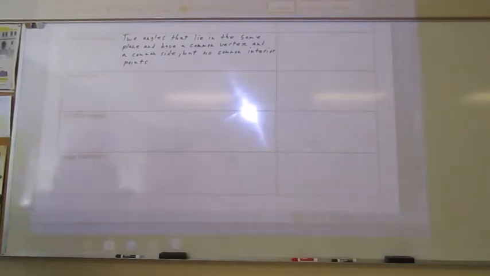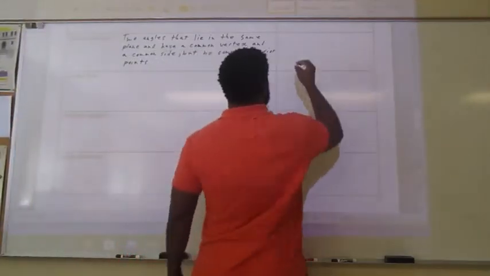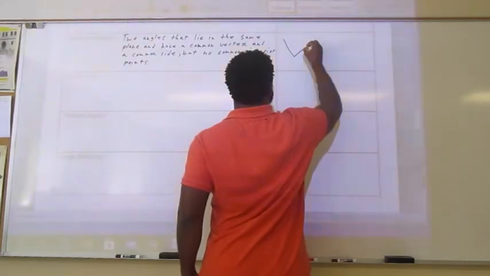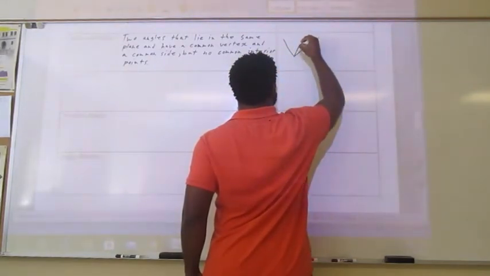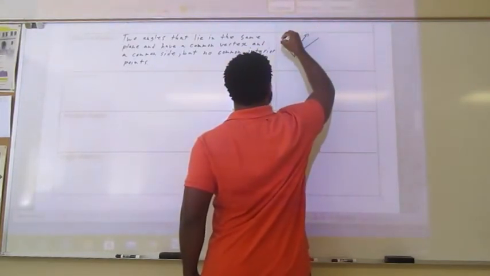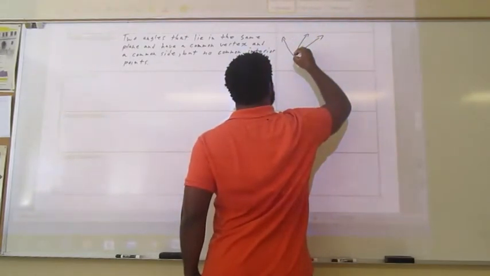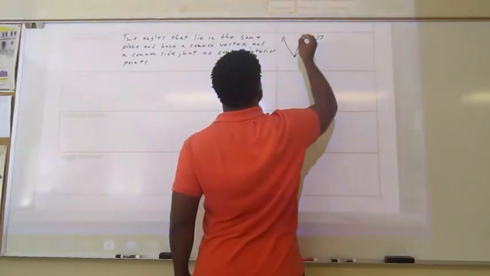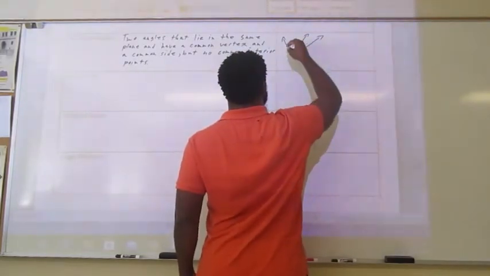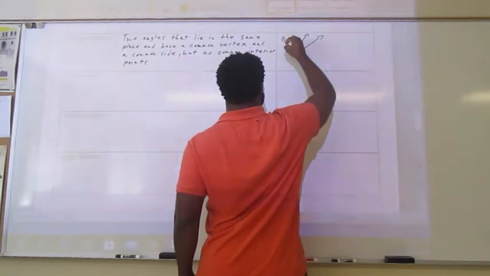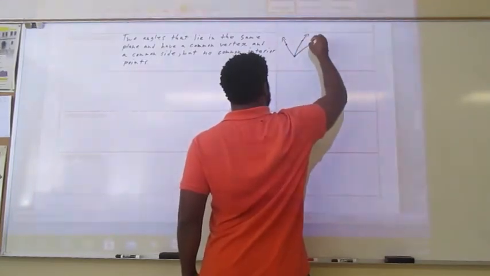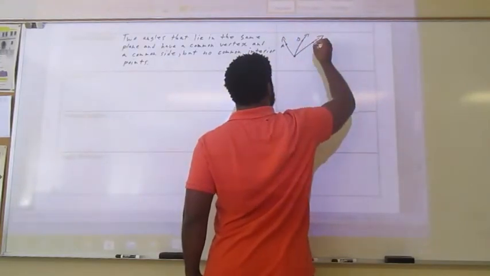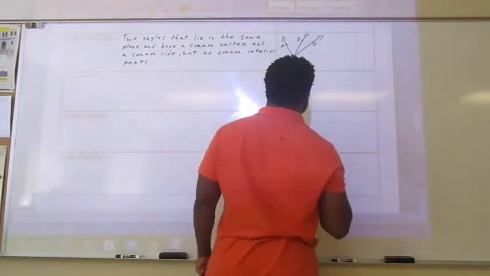All right, so pretty much somewhat similar to that, I'm gonna give you two examples. You might have something like this, okay? You might have, I don't know, these two lines right here, A, B, C, and D, right?